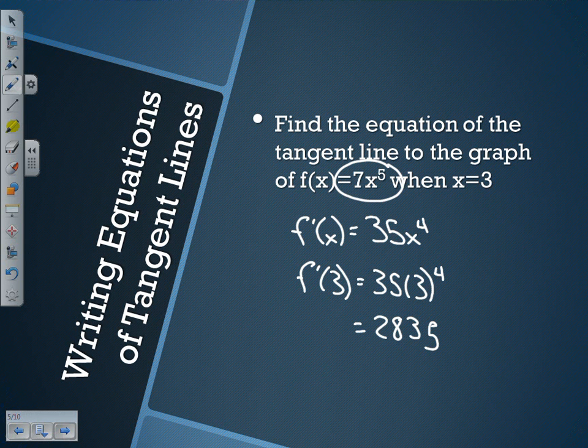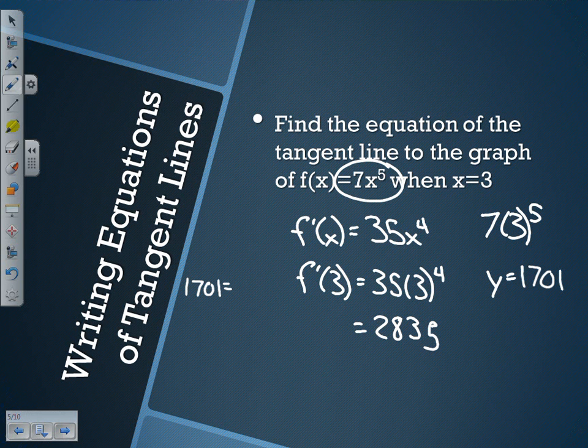So I'm doing 7 times 3 to the 5th this time. 1,701. So that's my y.